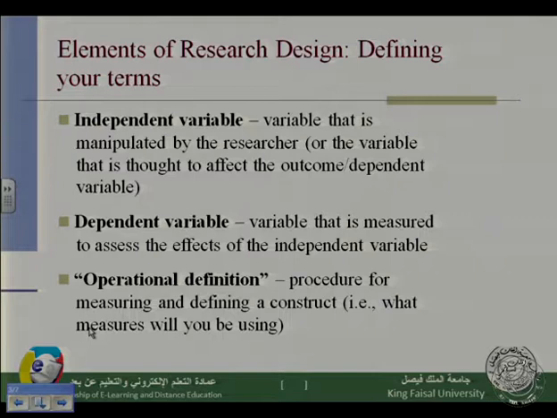So in each research we have something called variables that we want to test or measure. Let me give you an example. The easiest example is the effects of using computers in teaching grammar. So you have two groups. The control group doesn't have access to computers, only textbooks.